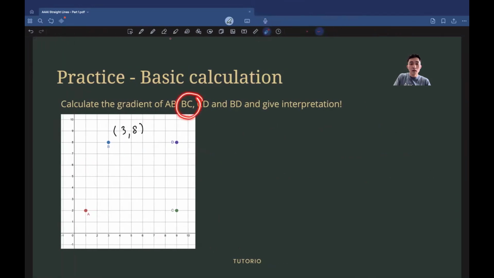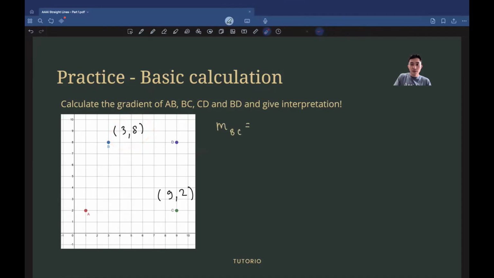Okay, BC. We have point B, and let's take point C, which earlier was (9, 2). We can calculate it with the same formula, the gradient of BC.